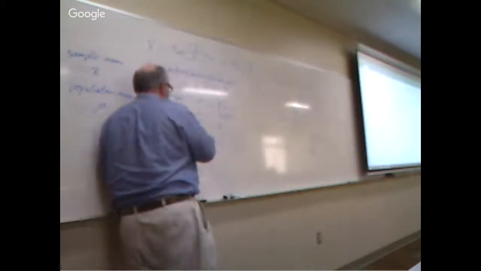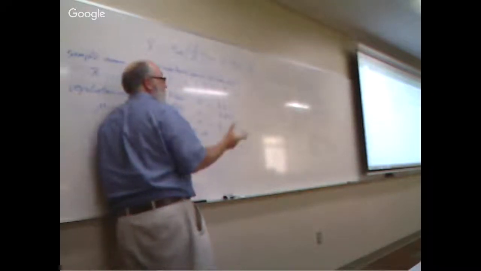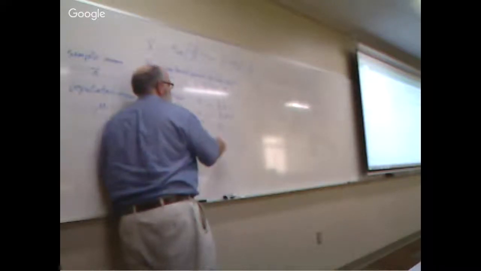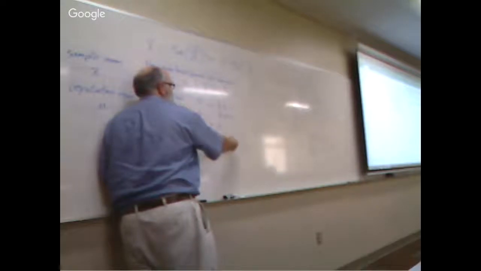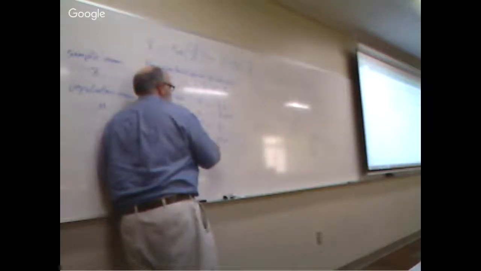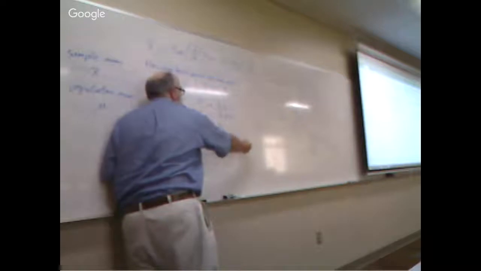So if I go with a 95% confidence interval, I'm not going to be able to use my Z like I had before, which was very convenient. But now I need to look it up somewhere else. What is my alpha over 2? Well, I know alpha is 0.05, so alpha over 2 is 0.025, just like it was before.